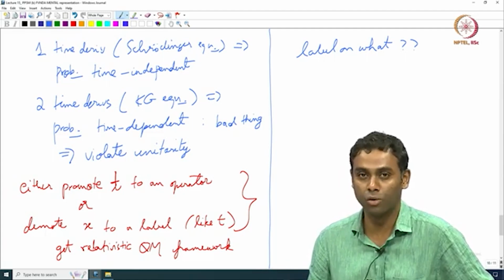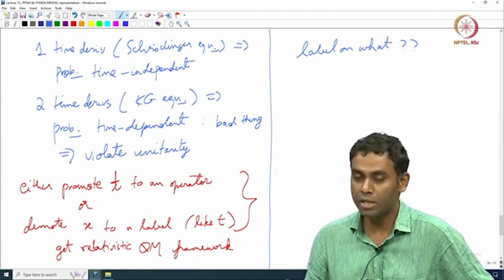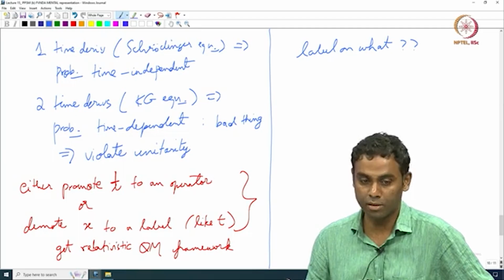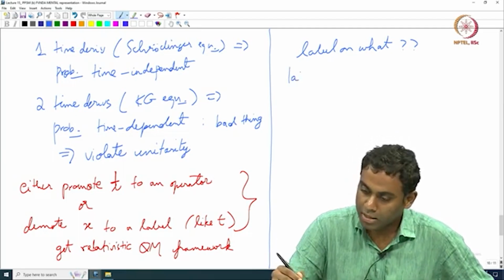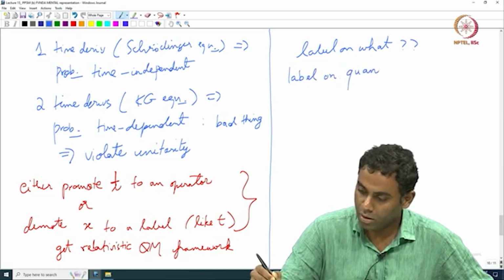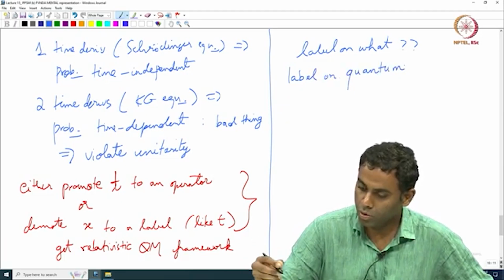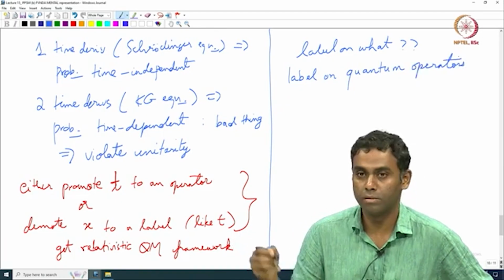What is this the label on? The only self-consistent answer that seems to be working so magnificently is that it is a label on quantum operators.